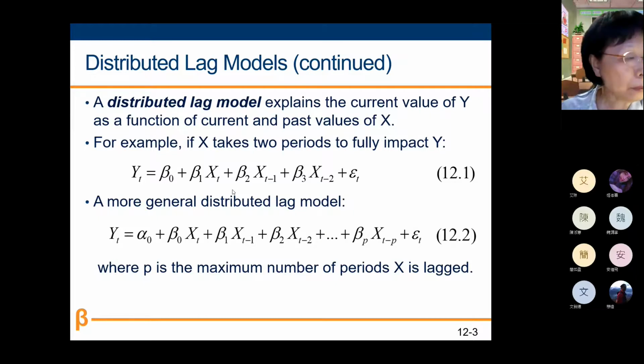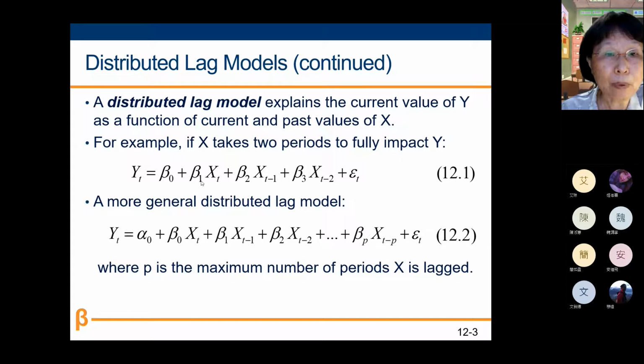You all remember we learned multicollinearity. What do we mean by multicollinearity? Multicollinearity means there's a high correlation among the independent variables, right?